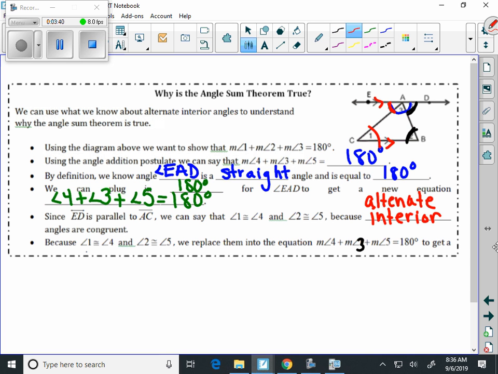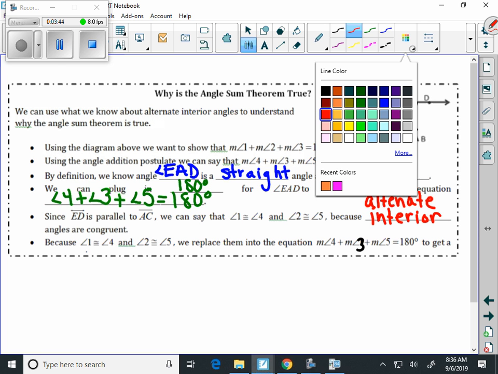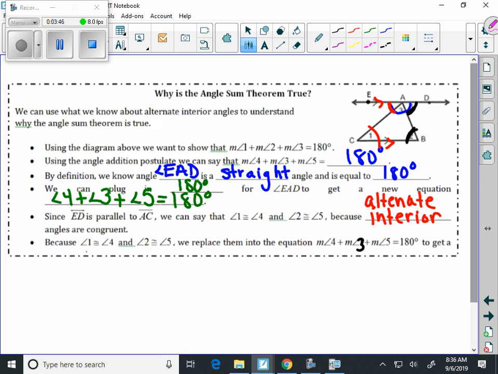But I want to show here what was happening. Instead of angle 4, we're going to write angle 1, because angle 1 is congruent to angle 4. So we can say measure of angle 1. And with angle 2 congruent to angle 5, instead of angle 5, we can write measure of angle 2.